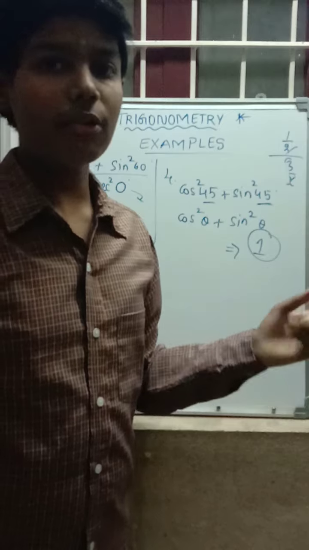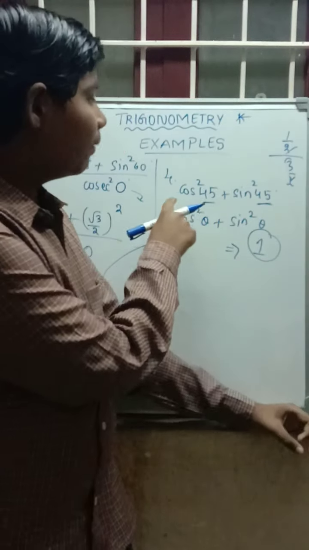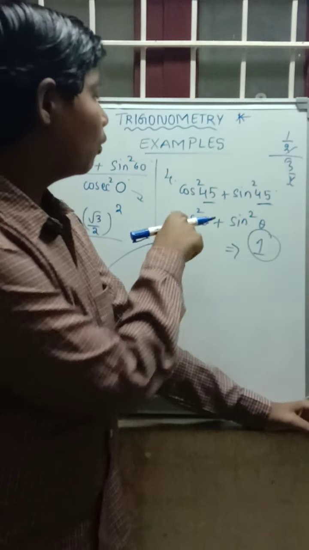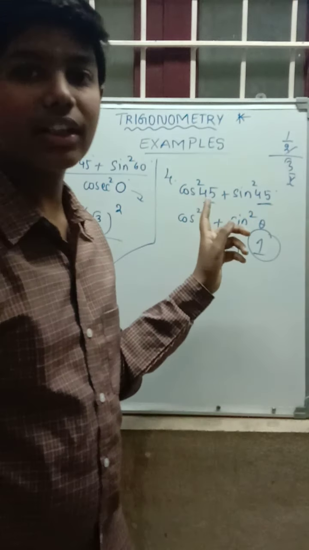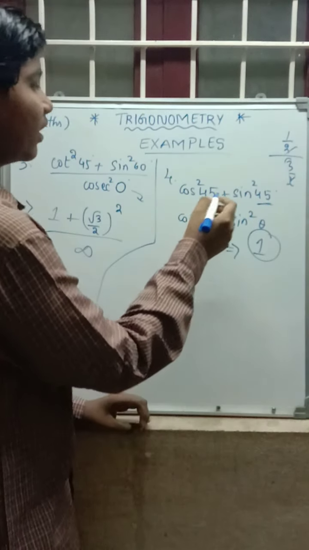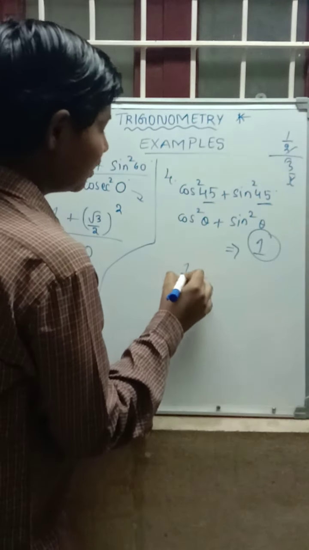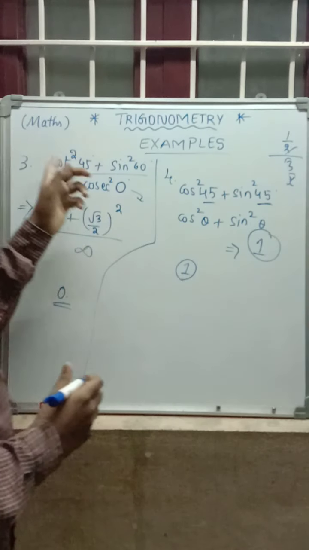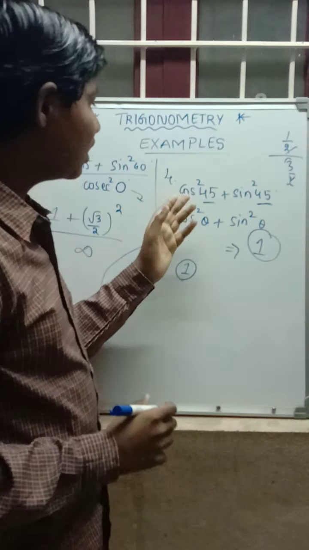There is a formula, I have told the proof. With the proof I have said the link will be given in the description. Cos square theta plus sin square theta, the value is 1. If we do by this trigonometric value also, we will get the same answer.